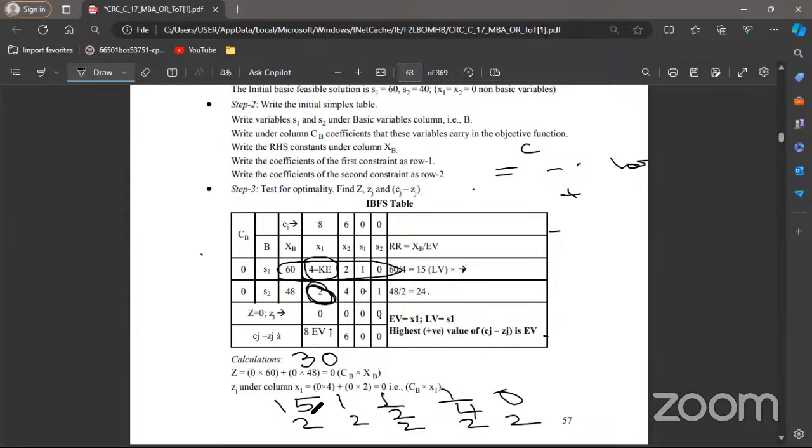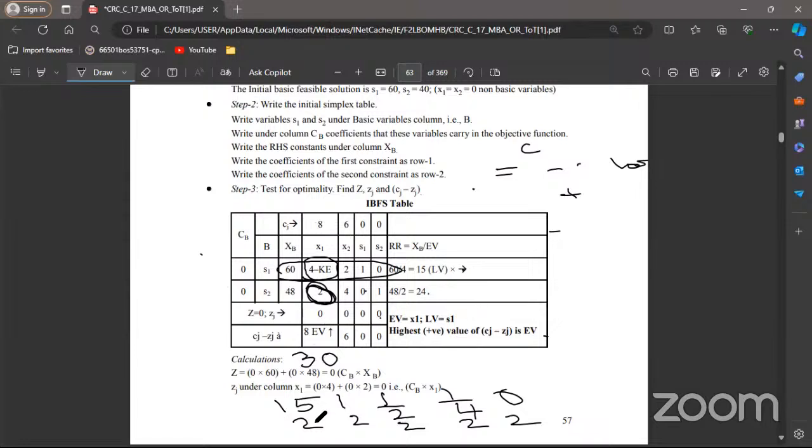I'm telling the value at 48. For the second row, what is the key column value? 2.